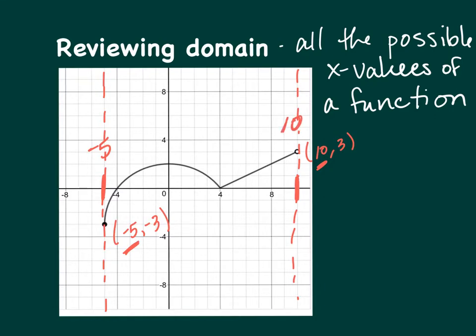So x is happening anywhere from here over to here. So my domain for this is x is greater than or equal to, because this is a closed circle, -5, and it's also less than, because this is an open circle, 10. Hopefully these are some things that you've seen before, but if they're not, it's pretty important to review. So we'll do a few more of those.